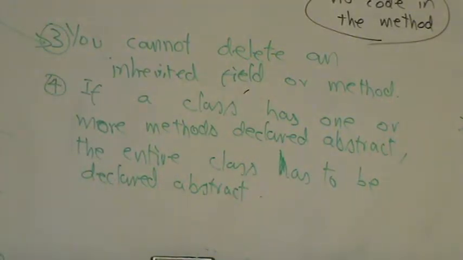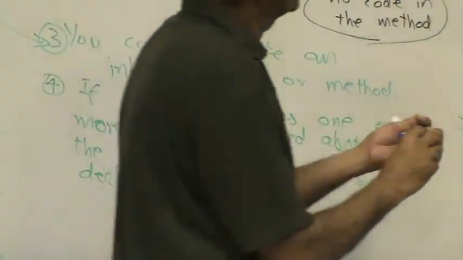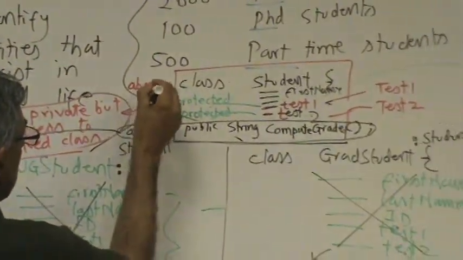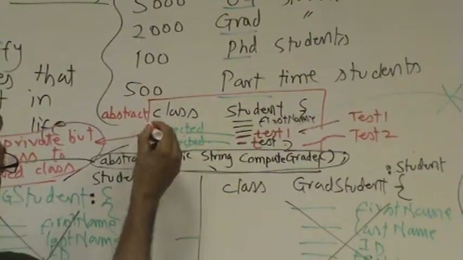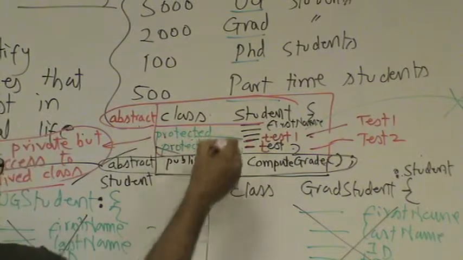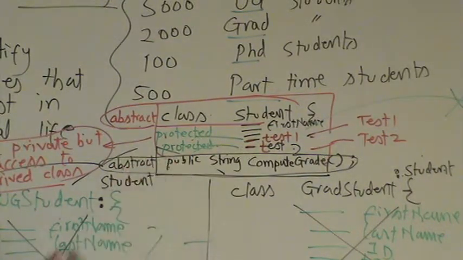Okay, so how do we declare the whole class abstract? Just before you declare the class, you put a keyword called abstract. So take a look over here. The method will have an abstract keyword before it, and the class will have an abstract keyword before it.